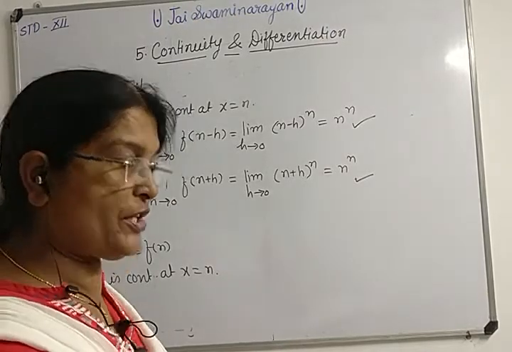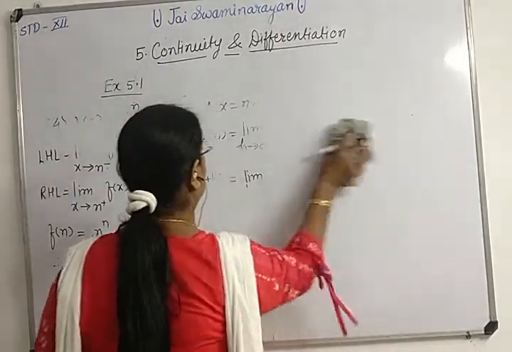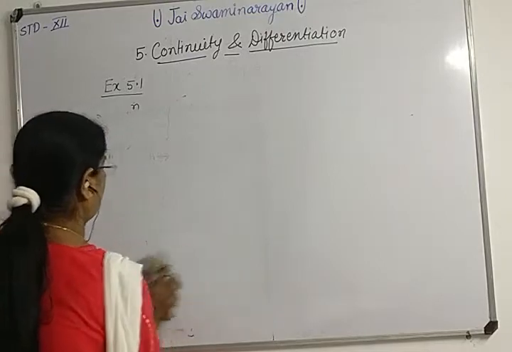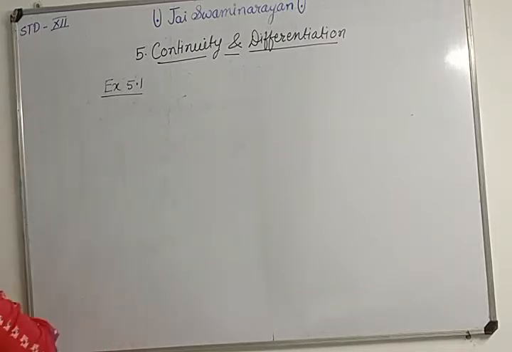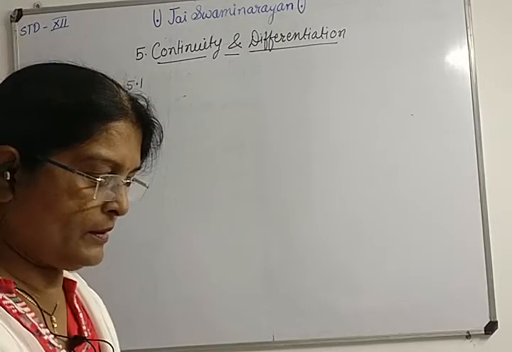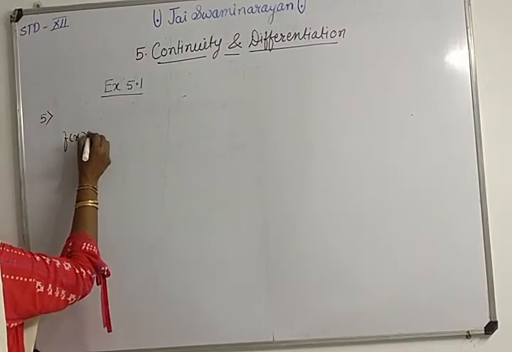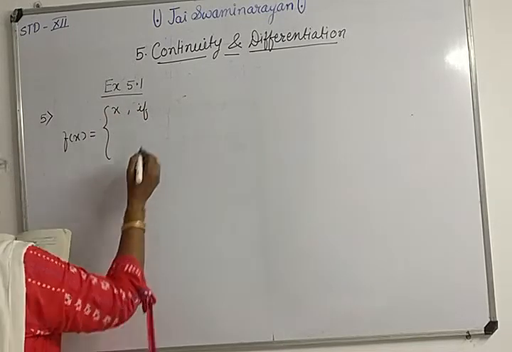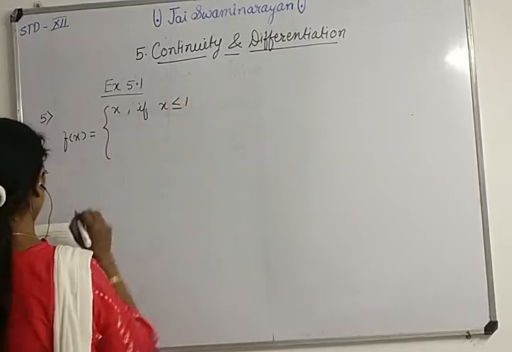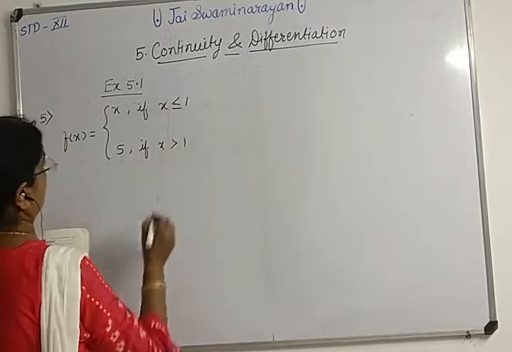Then question number 5. Is the function f defined by f of x equal to x if x is less than or equal to 1 and equal to 5 if x is greater than 1.